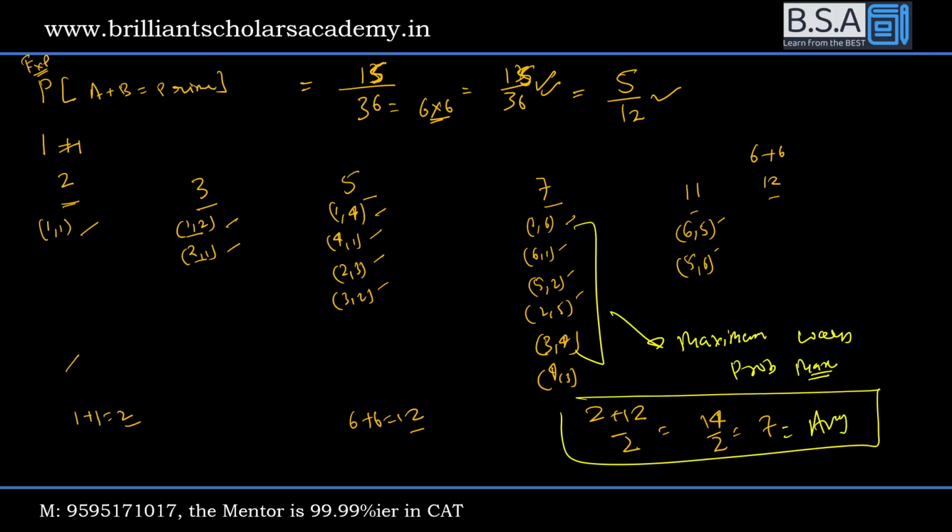Highlight it, write it down somewhere: the average outcome will always have maximum probability or maximum number of ways. Use this wording. Sure, moving on.